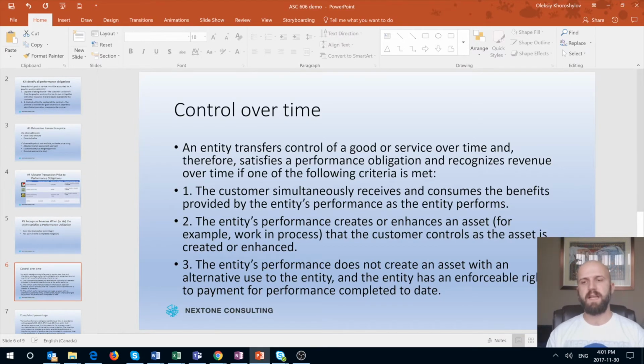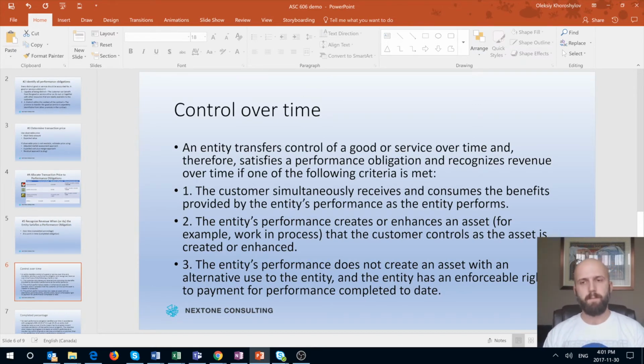First, the customer simultaneously receives and consumes the benefits provided by the entity's performance as the entity performs. A good example of that would be a magazine delivery. I can recognize revenue every month because every month my subscribers get magazines which they can consume the benefits of reading.